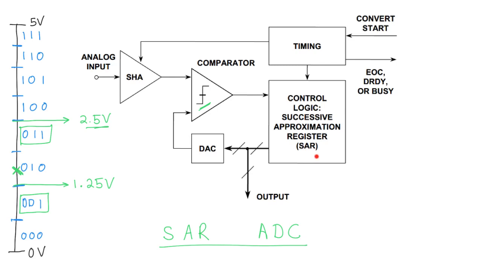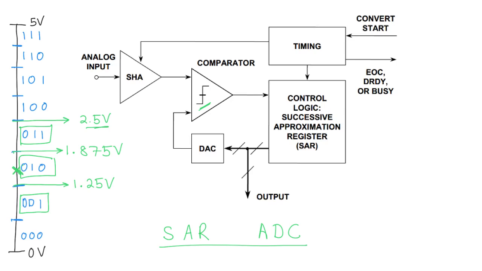And the output of the comparator tells the control logic that our analog value is greater than 1.25 volts. Because it is greater than 1.25 volts, the control logic then generates the value 0, 1, 0, which the DAC uses to produce 1.875 volts. The comparator then compares 1.875 volts with the analog value and finds that it is lower than 1.875.